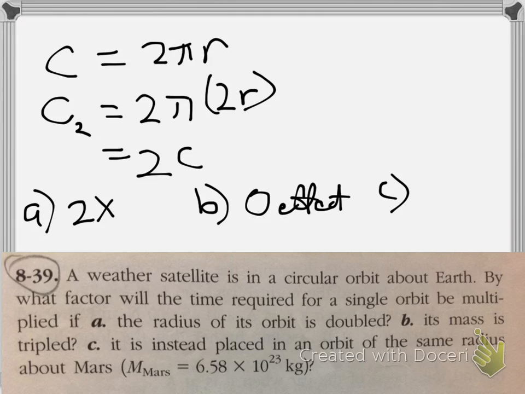So now we want to know the T2 over T1. Oh, in this case, it's not really T2, is it? It's T Mars over T Earth. And that's going to give us some number n that we're looking for.